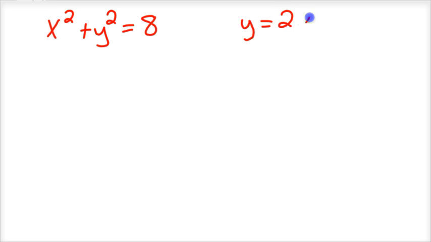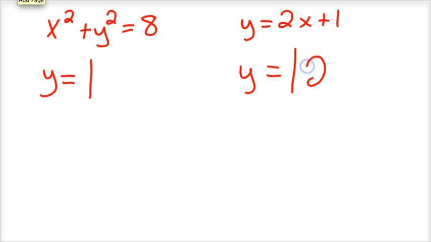So let's say you had something like this: x squared plus y squared equals 8. Or, and I'll just list them all out here, y equals 2x plus 1, and we'll look at all of these cases. Let's put it over here.